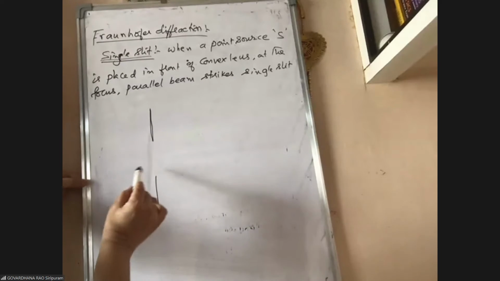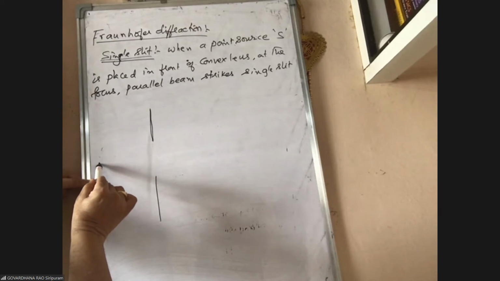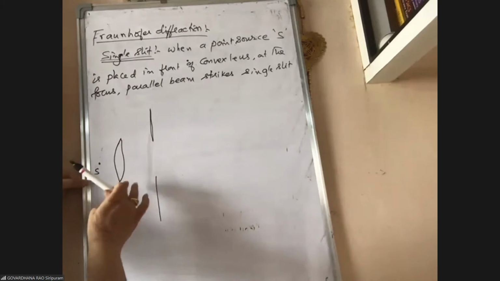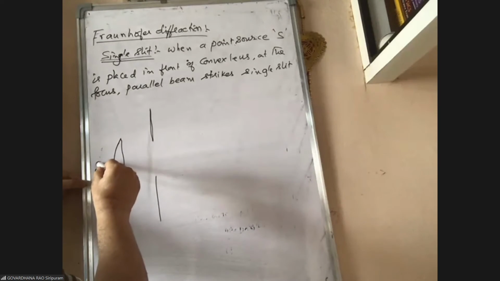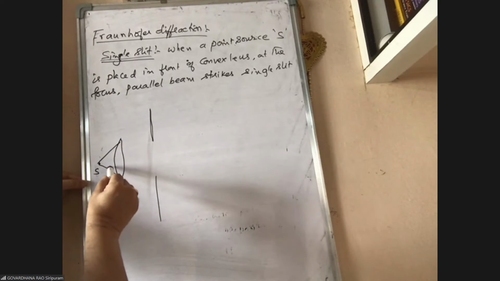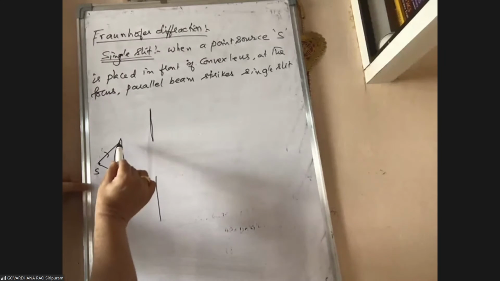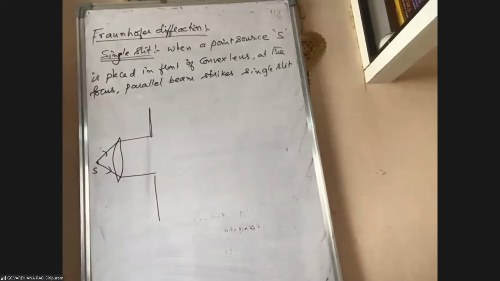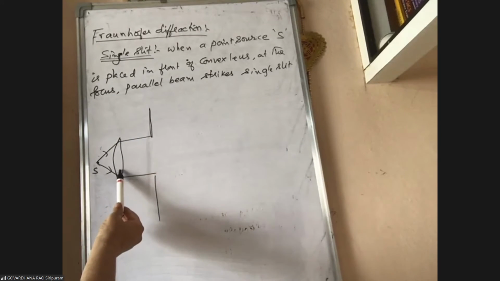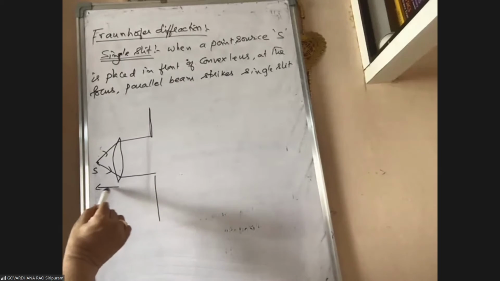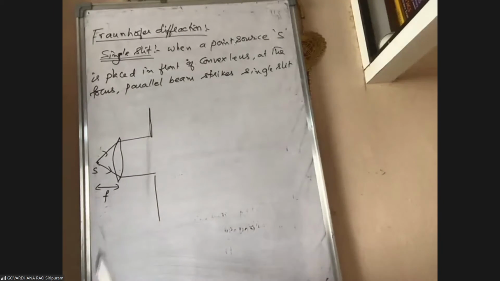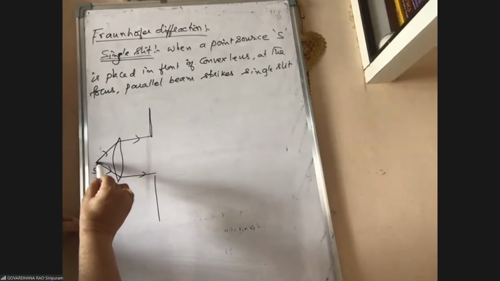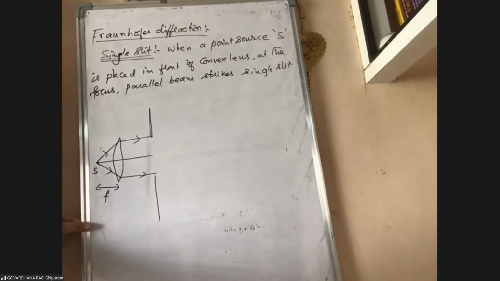This is like this. Here you have got a point source. Here you are placing a convex lens. Light will come from this point source and strike the lens like this. This is a point source, this is a convex lens. You are placing the point source at the focal length. Then the emergent beam will be a parallel beam. So the parallel beam will come and strike this slit.